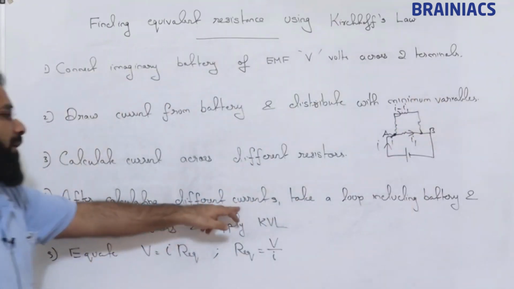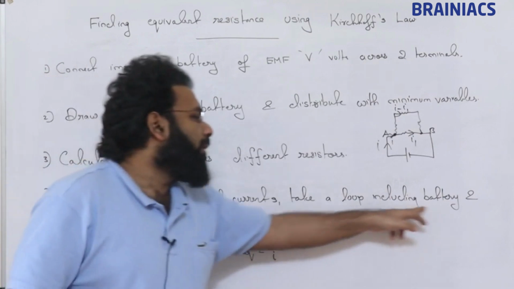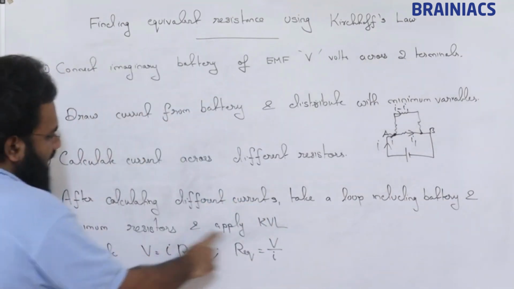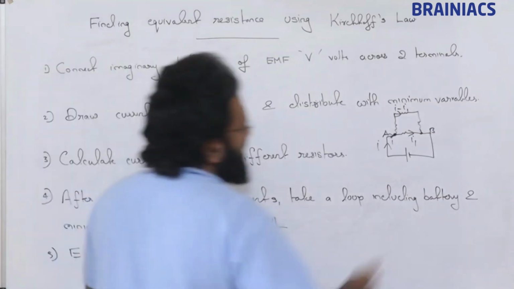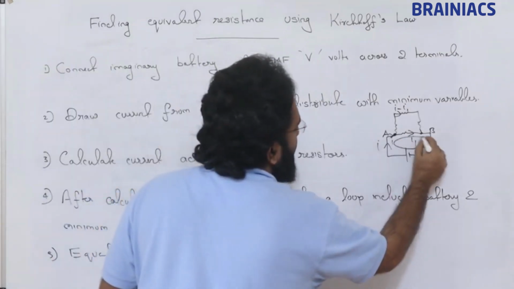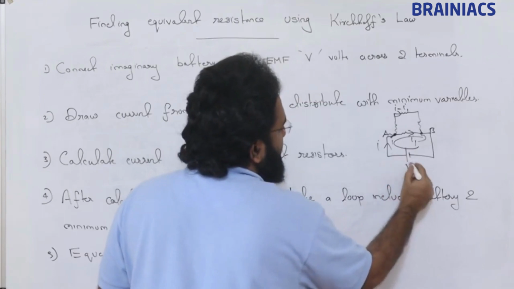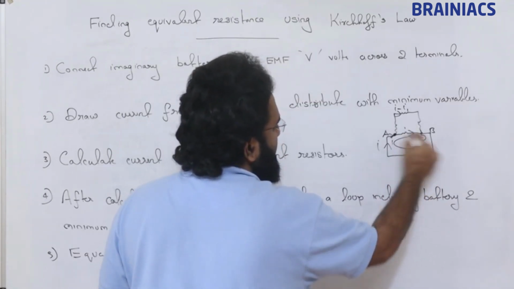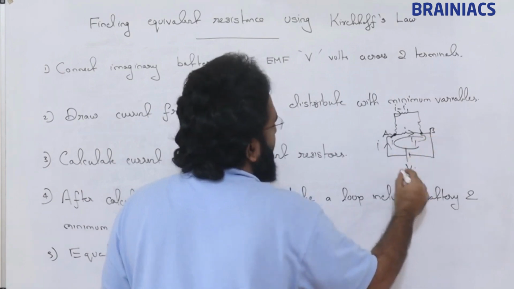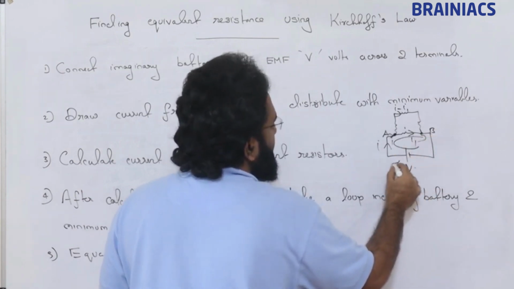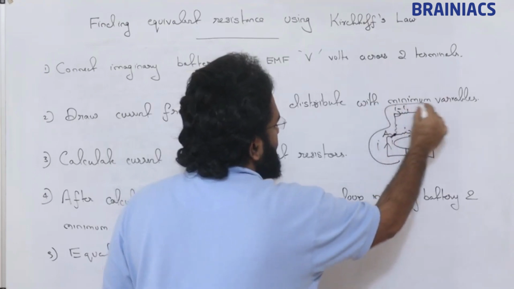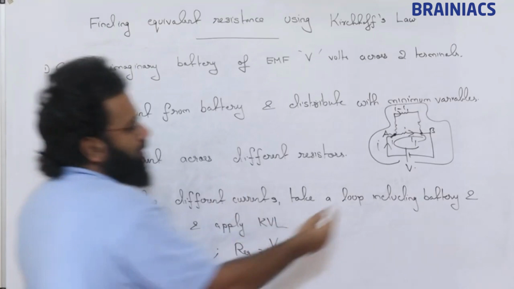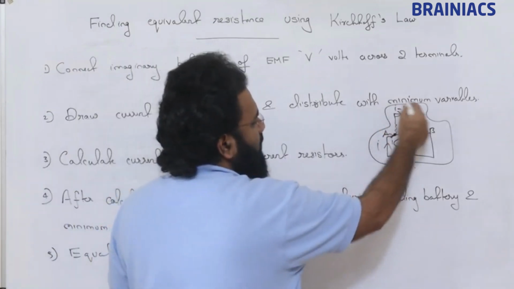After calculating different currents, take a loop including the battery and the minimum resistors and apply KVL. That is, we can apply a loop like this. This battery is involved and minimum resistance. This is one resistance, so this is minimum resistance. This loop is what we can select. We can take this loop also. Only a closed loop is required for KVL, so we can take this outside closed loop also.